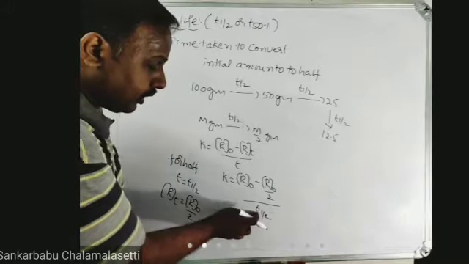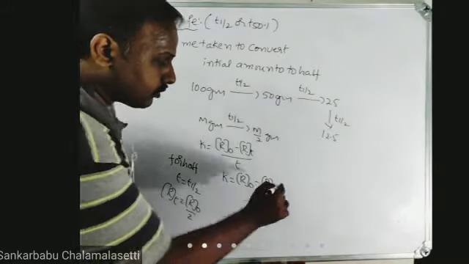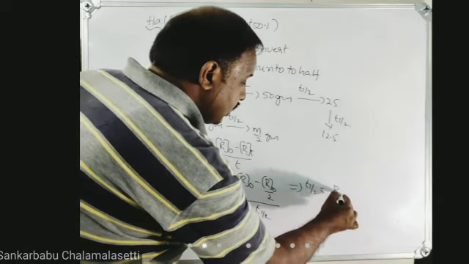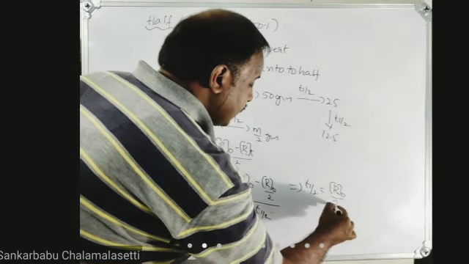Bring T half to one side and K to the other side. From this we can write T half is equal to initial concentration by 2K.